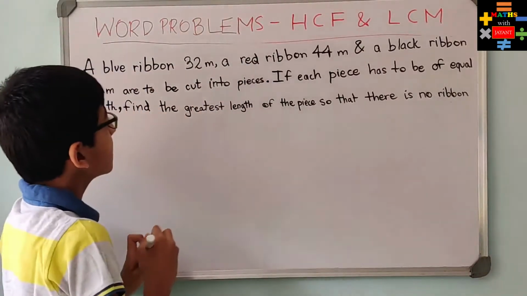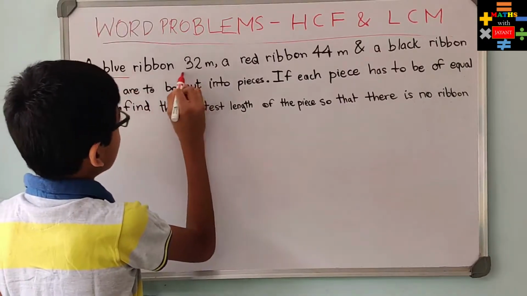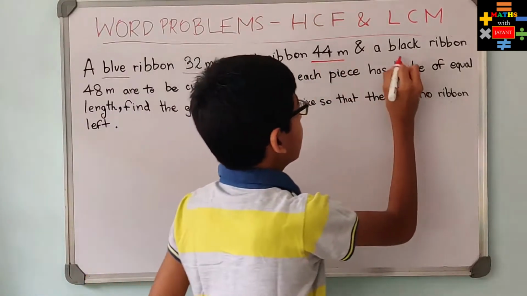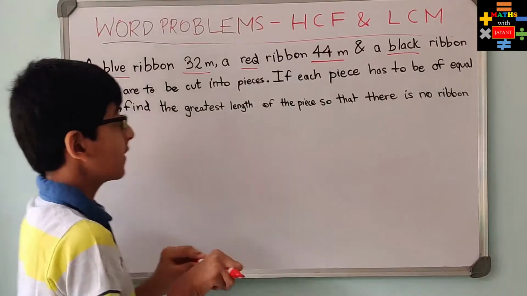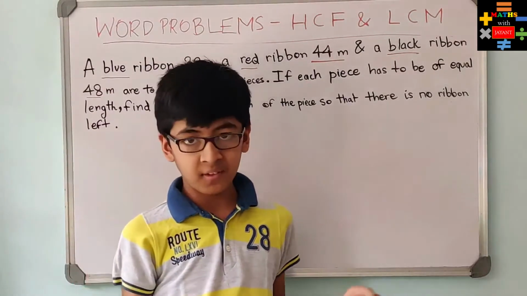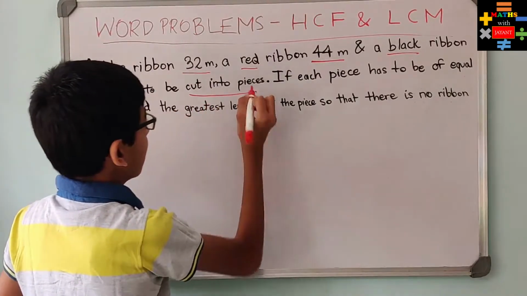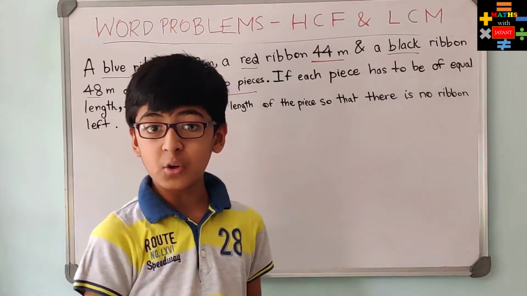A blue ribbon 32 meter, a red ribbon 44 meter, and a black ribbon 48 meter. So these are 3 ribbons of different lengths and different colors. They are to be cut into pieces, and each piece has to be equal.